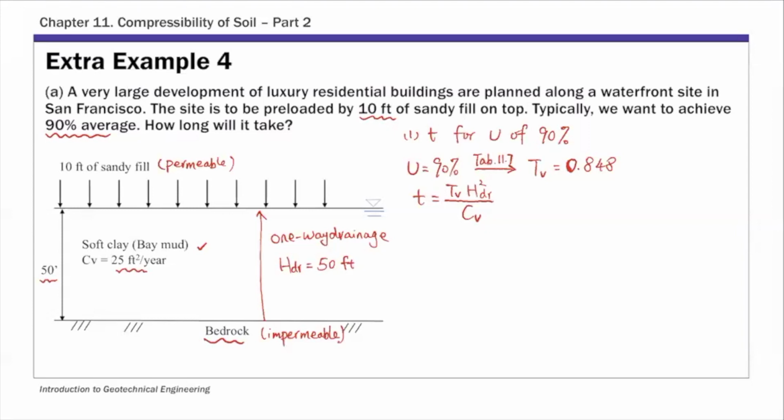You can get this from 1D consolidation test. Okay. So if you're substituting all these numbers, H_DR 50, and C sub V 25. Okay. Just plugging all these numbers in, you will get small t of 85 years.